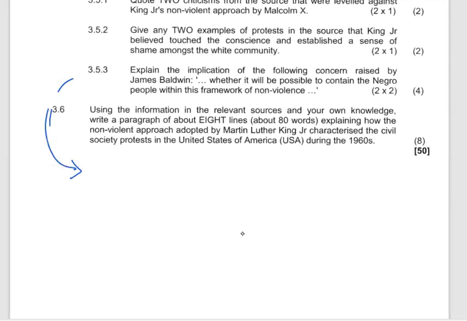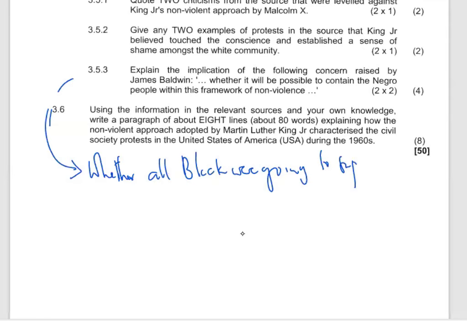The implication here is when you're looking at this, he was actually inquesting into whether all Black Americans were going to support non-violent protests.